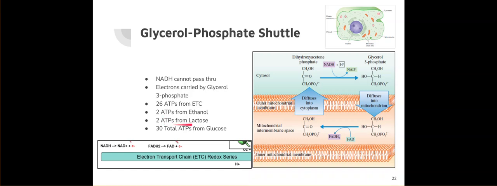We will get 2 ATPs from lactose for a total of 30 total ATPs from a glucose molecule. So we're getting 26 from the Krebs cycle, and then we will get 2 from ethanol that's formed by that pyruvate, or we get 2 from that pyruvate being converted into lactose.